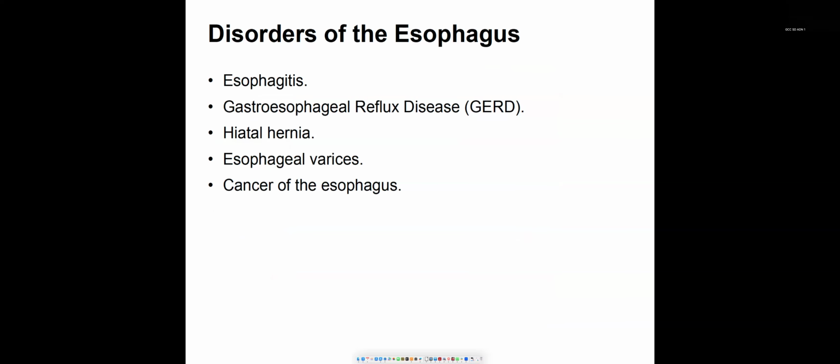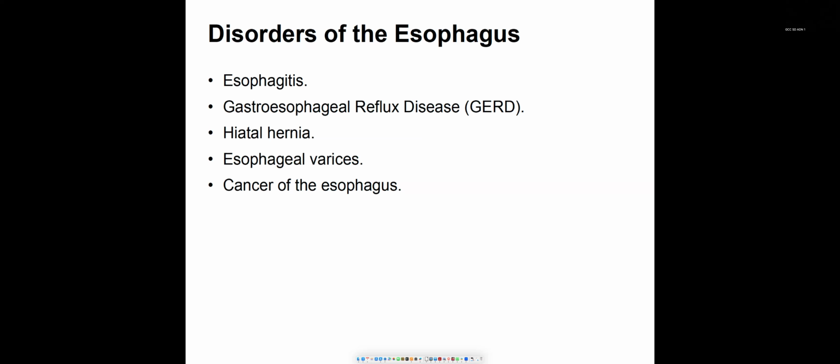So here, let's look at diseases of the esophagus. You have esophagitis, inflammation of the esophagus. This can be due to some kind of reflux, infection, or irritation. GERD, gastroesophageal reflux disease. This is a chronic disease where stomach acid backflows into the esophagus, causing heartburn or irritation. Hiatal hernia.